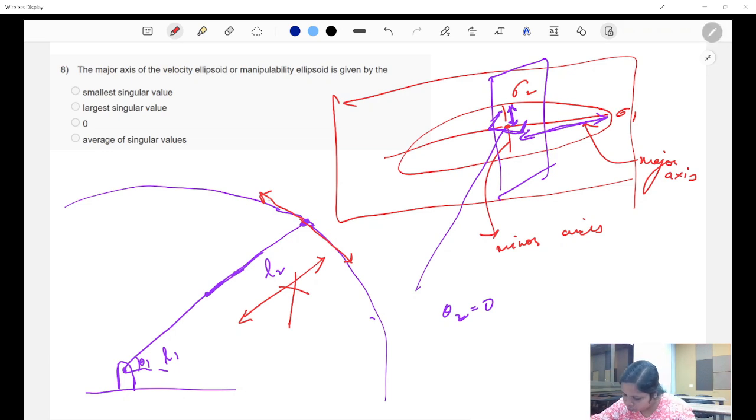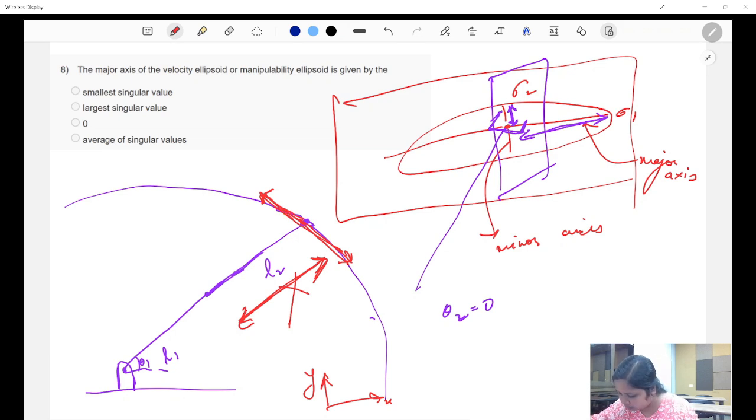You can only move in this direction and you cannot move in this direction. And this is a planar manipulator, right? So you don't have anything to be done in the z axis. Everything has to happen in the x and y axes only. You have lost 1 degree of freedom by achieving this singular configuration.